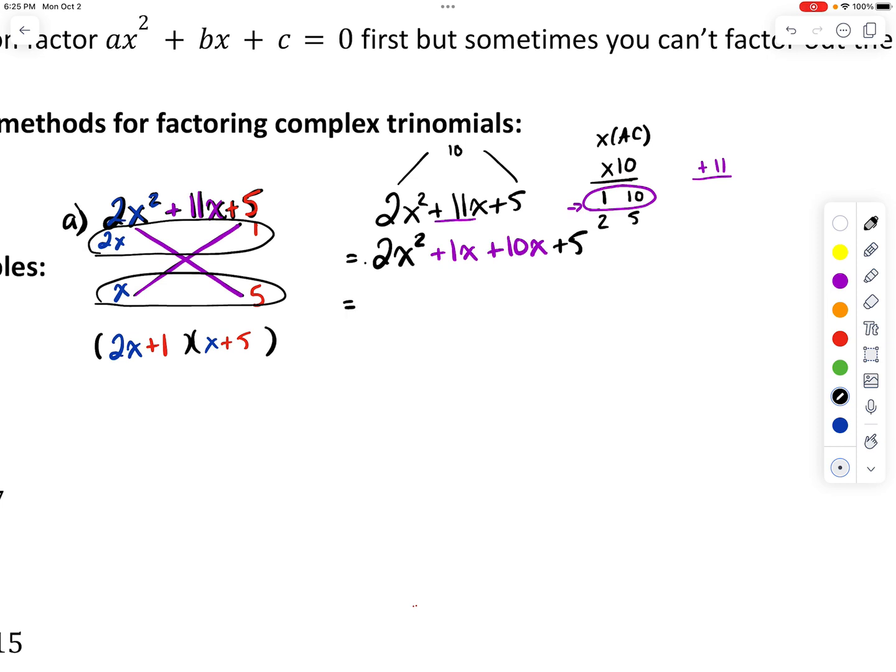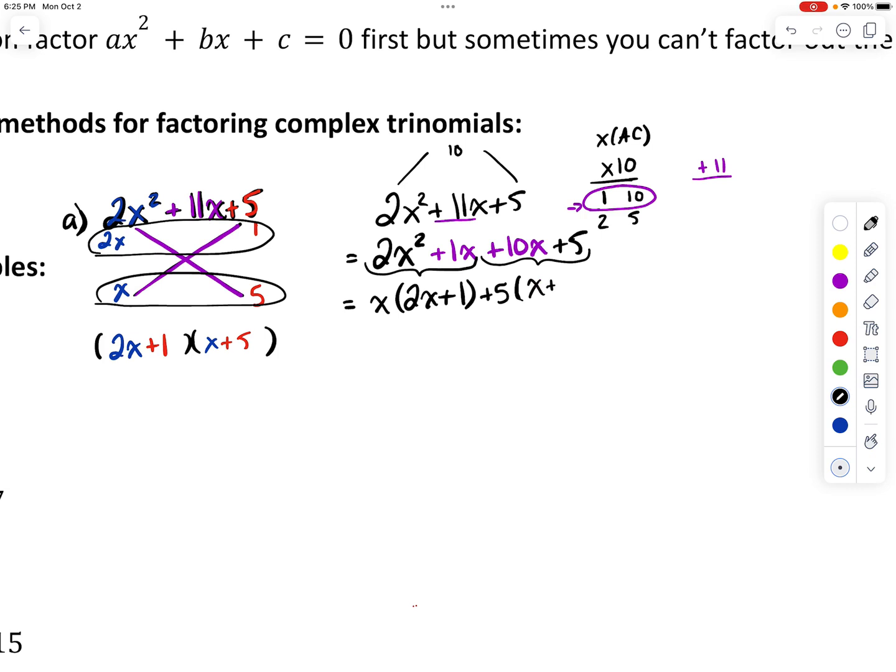Now your next step for decomposition is you factor by groups. So you try to common factor each of those. In that first group, 2x squared plus 1x, I can common factor out an x. And what I'm left with there is 2x plus 1. In my second group, 10x plus 5, I can common factor out a 5.